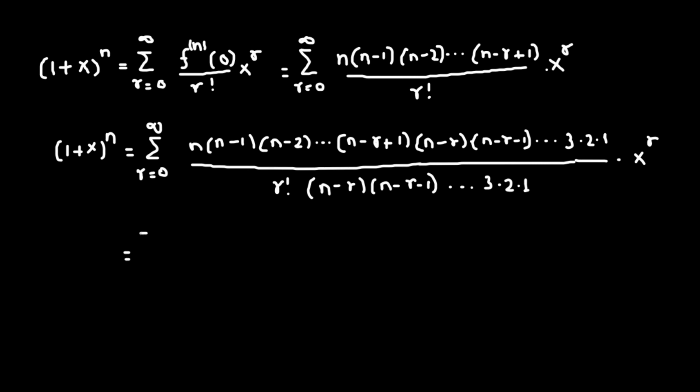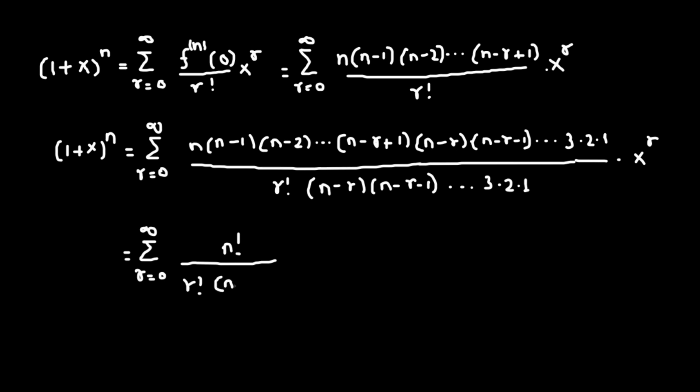So we have the summation, r going from 0 to infinity. The term in the numerator is simply n factorial, that's the expansion of the factorial, divided by r factorial times n minus r, the next term, which is one unit less than the previous term, and so forth, going up to 1.